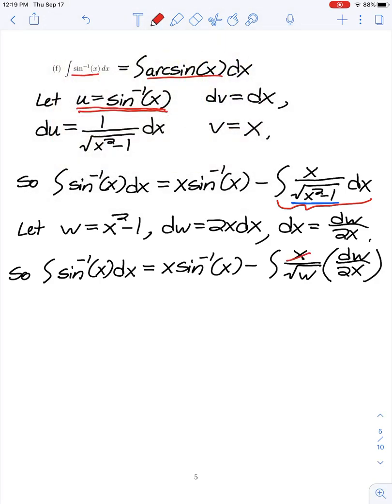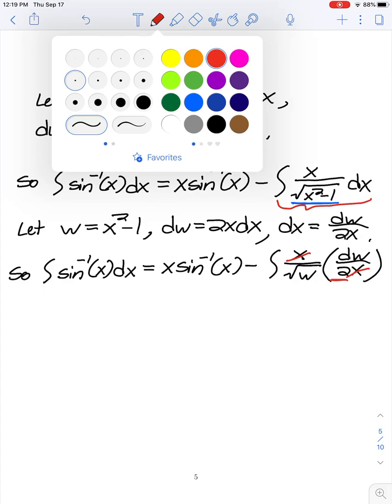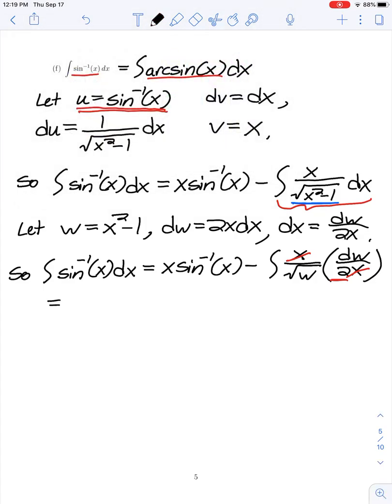So simplifying here, I can cancel a factor of x in the numerator and denominator. I'm left with a constant factor of 1/2, which I can then bring out in front of that integral. So I have negative 1/2 the integral of 1 over the square root of w dw.